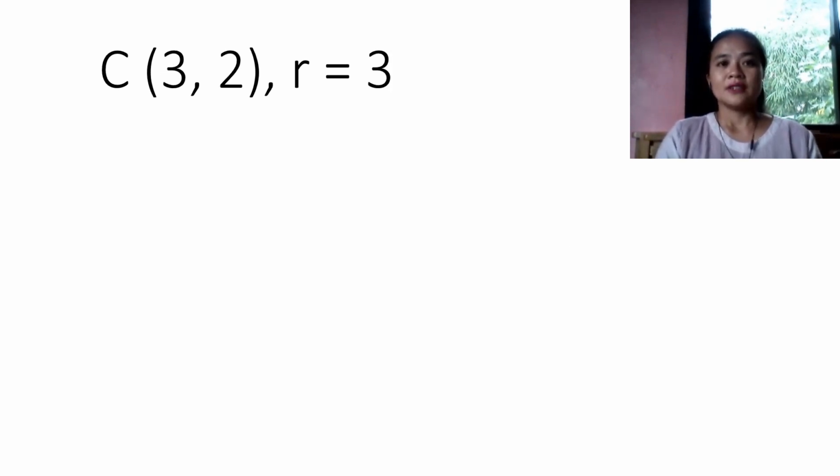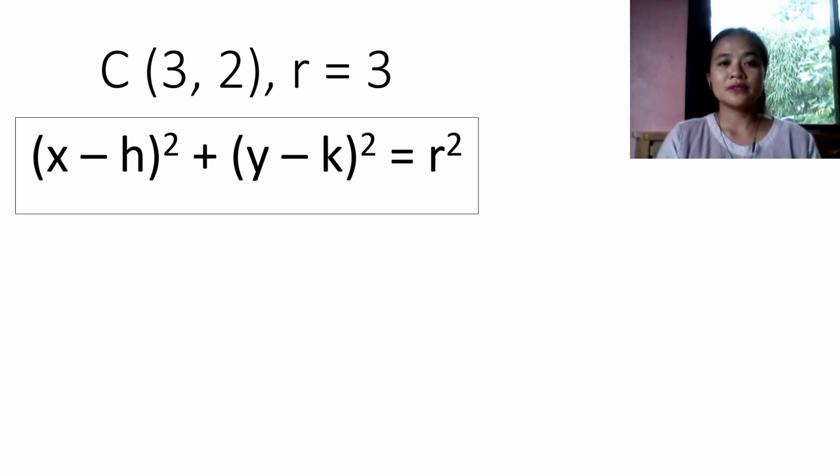Next, if the center is (3, 2) and the radius is 3, we're going to use the vertex form of the circle, which is the quantity x minus h squared plus the quantity y minus k squared is equal to r squared. So simply change the values of h and k.